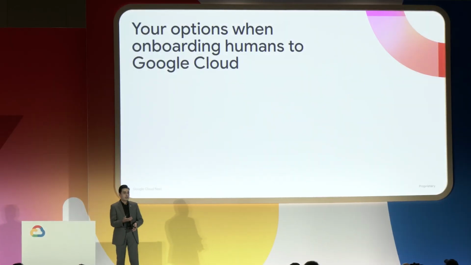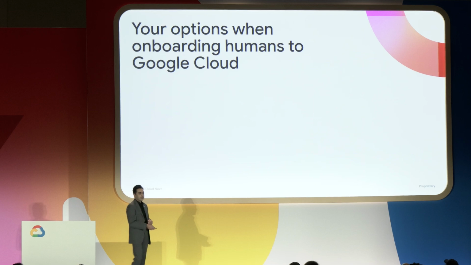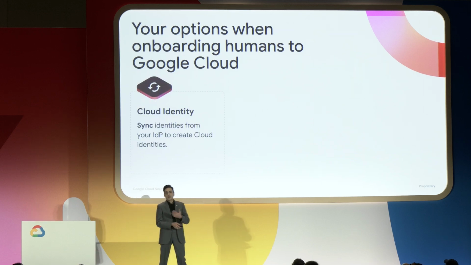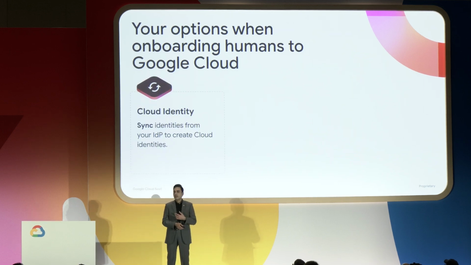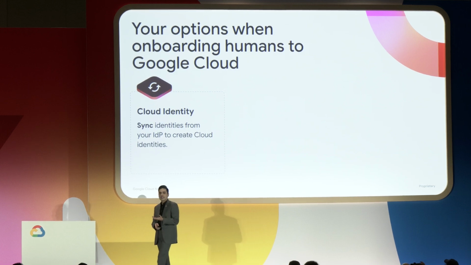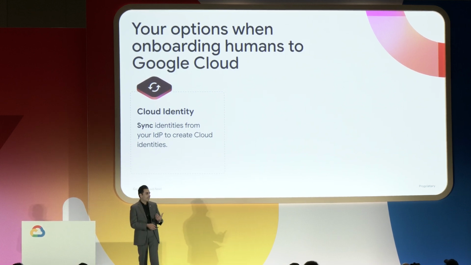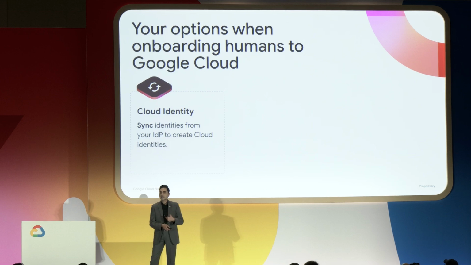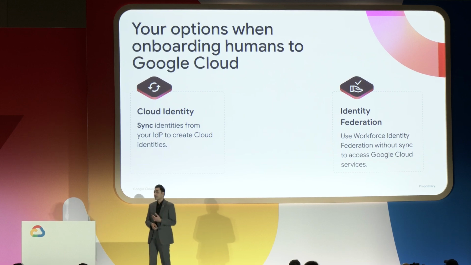How do you get started with Google Cloud for human identities? You can use Google Cloud Workspace Cloud Identity. Cloud Identity allows you to synchronize your existing IDP with Google's Cloud Identity. From that point on, those identities can access your cloud environment. You can also use Identity Federation.